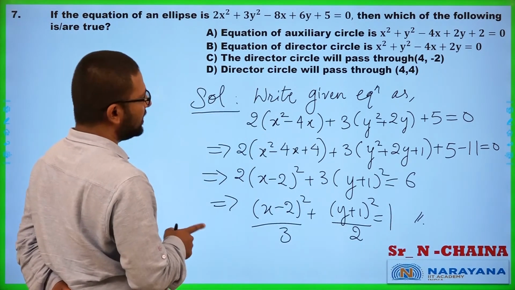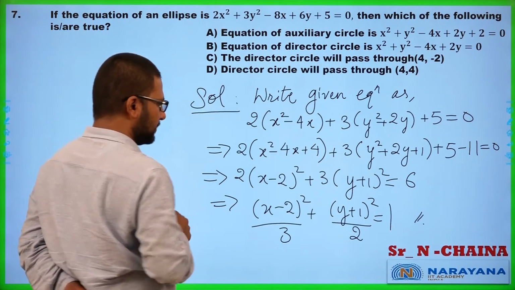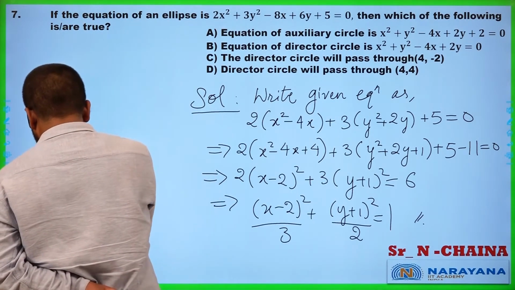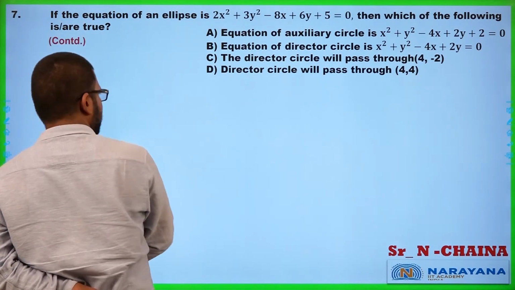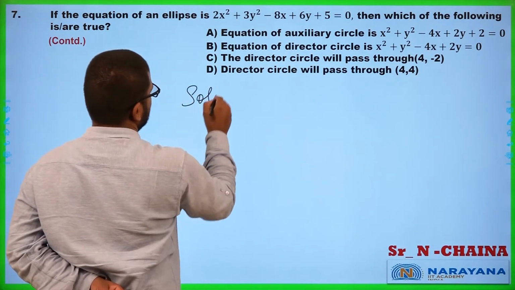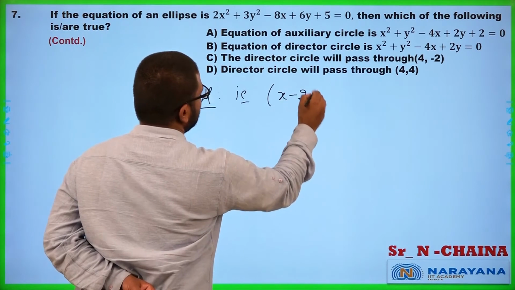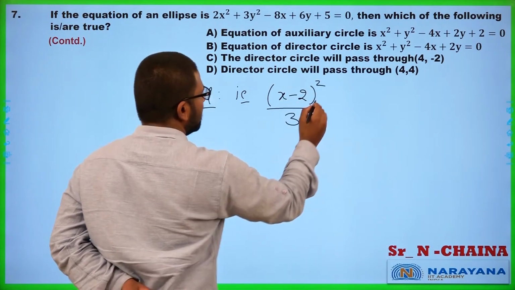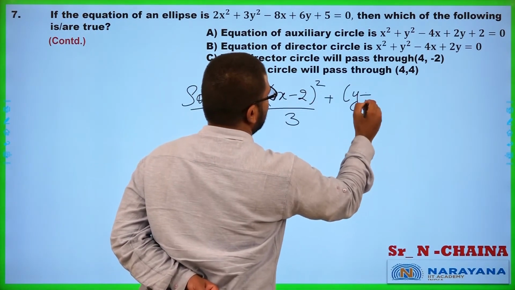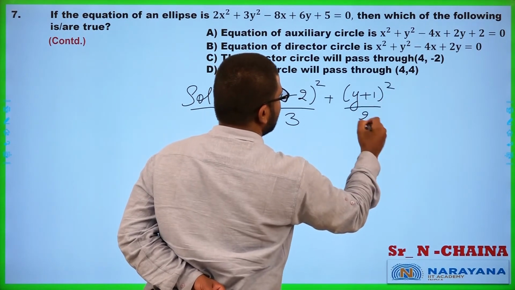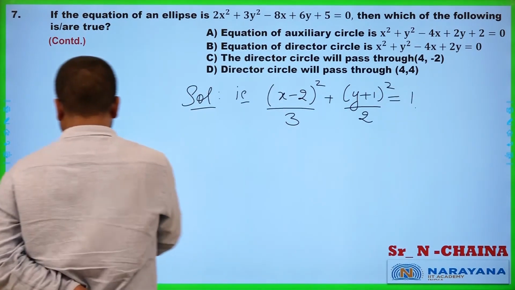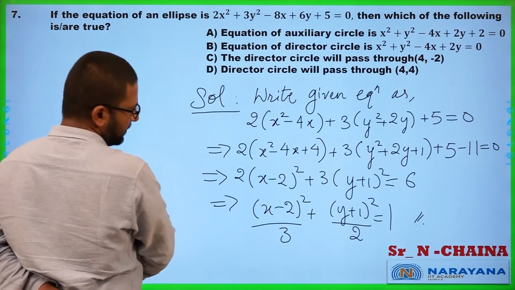It's a shifted ellipse with its center, right? Let us write that equation again. So we have (x minus 2) the whole square by 3 plus (y plus 1) the whole square by 2 equal to 1. Let us verify that. Yes.